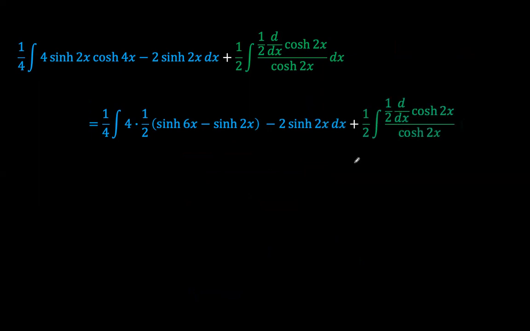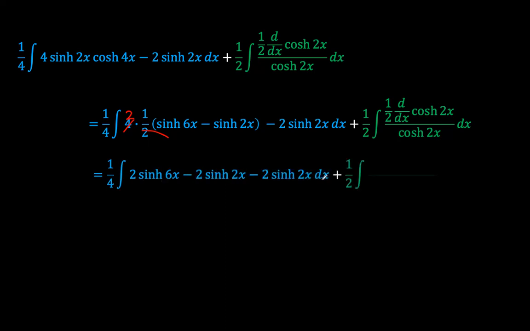And then the green remains the same. So what you can see here is divided by 2 is 2, divided by 2 is 1. And so we have a quarter times the integral of 2 sinh 6x minus 2 sinh 2x minus 2 sinh 2x. And then the green integral remains as it is.